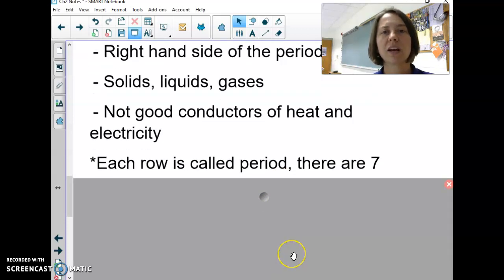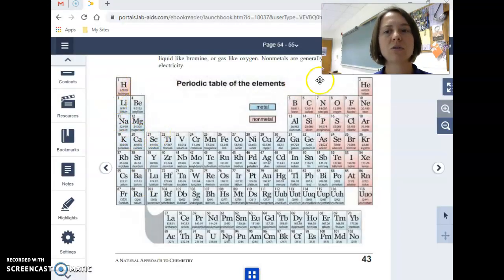And talking about the organization of the periodic table, each row is called a period, and there are 7 rows. Looking at our 7 rows, 1, 2, 3, 4, 5, 6, 7. These actually go up right here in rows 6 and 7, but we put them down there to save space.